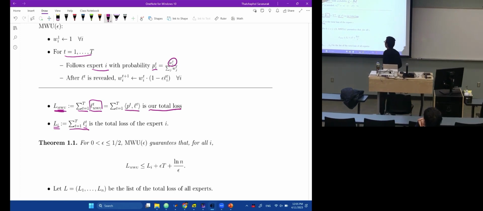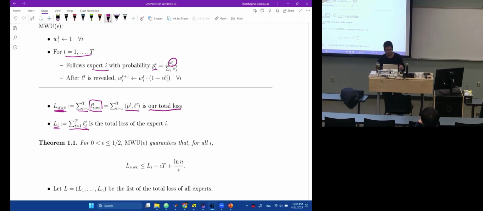And the weight update algorithm guarantees that for any i, our loss is as small as the loss of any expert i, up to some additive factor here. So that's from last time.